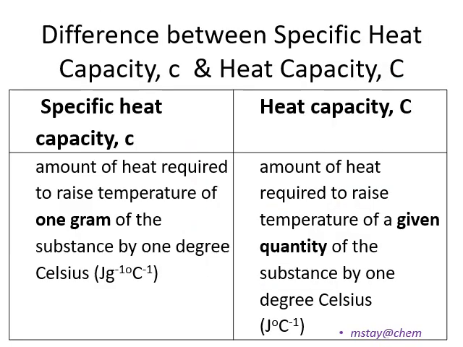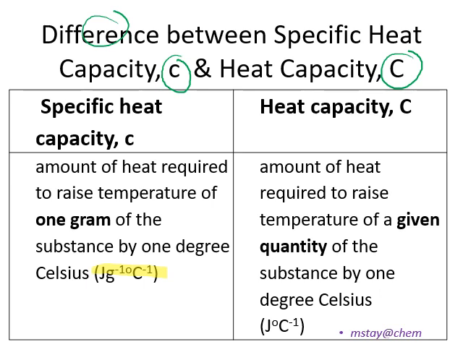Before going to the calculation questions, we need to look at the difference between specific heat capacity and heat capacity. When we look at the unit, specific heat capacity has the unit joule per gram per degree Celsius.